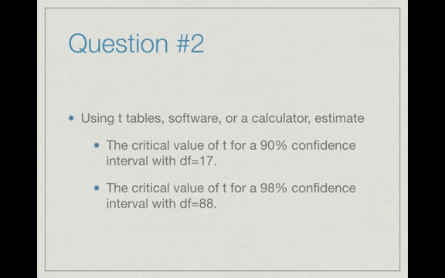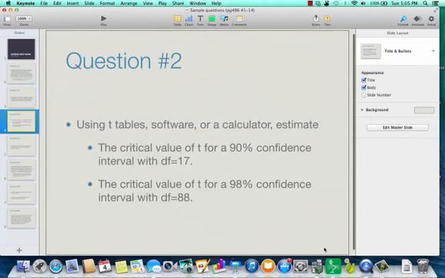Okay, question 2. Using t-tables, software, or calculator, we need to estimate the following. The first part, critical value of t for a 90% confidence interval. So let me get my table here. All right, so we've got 90% confidence and we want degrees of freedom of 17.